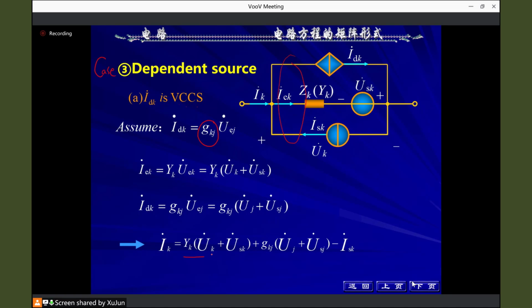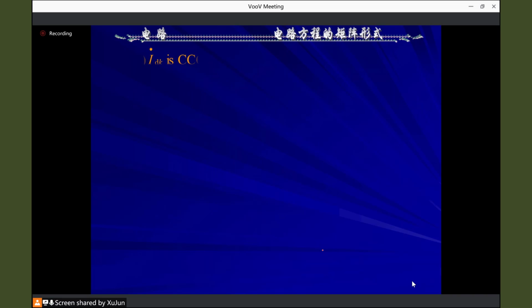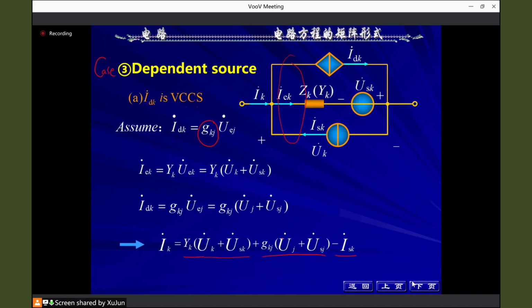This is the voltage control current source.